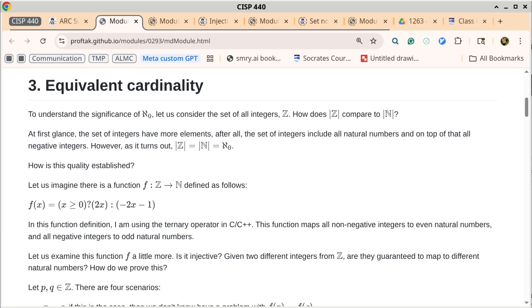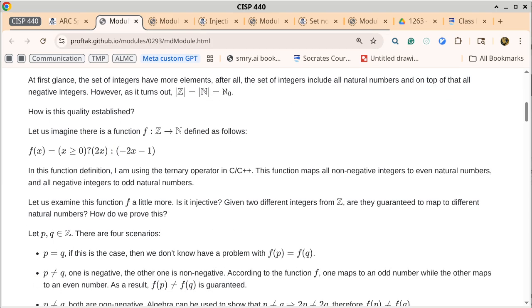If it is not negative, meaning it is greater than or equal to 0, it maps to 2x as a natural number. If x is negative, then it maps to negative 2x minus 1 as the natural number that it maps to. You can go through a few examples and find out how this works.